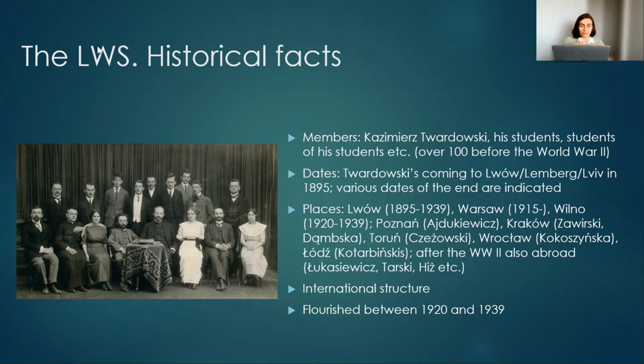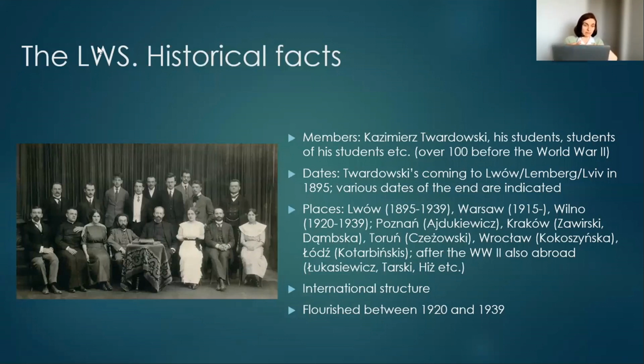There are many female students here with us, so let me mention that there were really many female members of the Twardowski School, and women loved Twardowski because he never laughed at them, he never treated them differently than he treated men. That's why one third of Twardowski's PhD students were female.